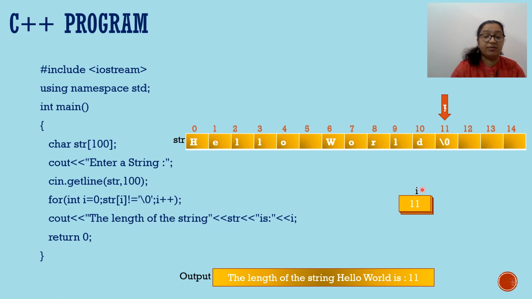See the I value? It is 11. Understood now? Just count and see how many letters are there: 1, 2, 3, 4, 5, 6, 7, 8, 9, 10, 11. Understood? Now this is the way of printing the length of the string without using strlen.